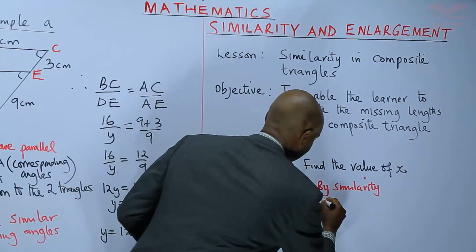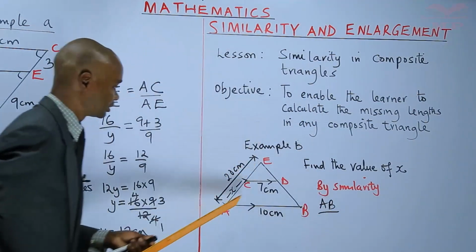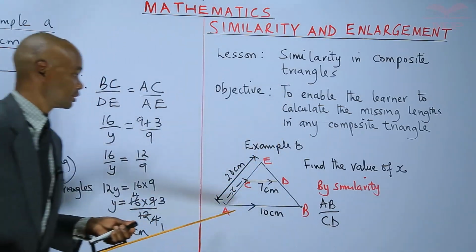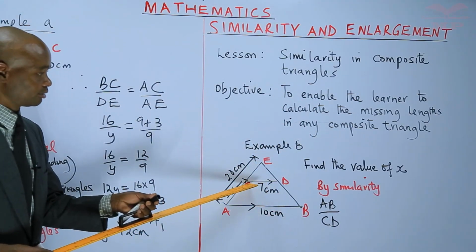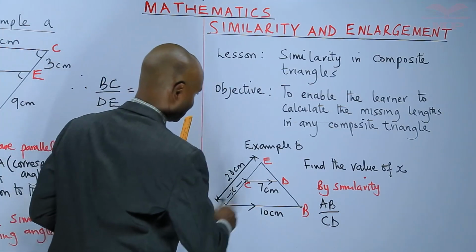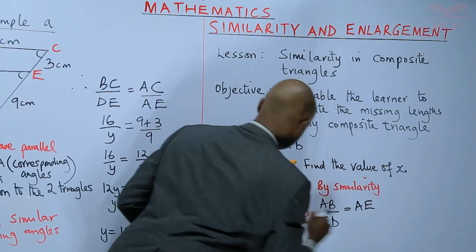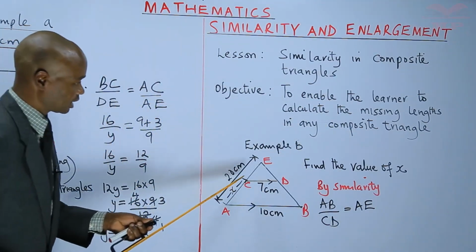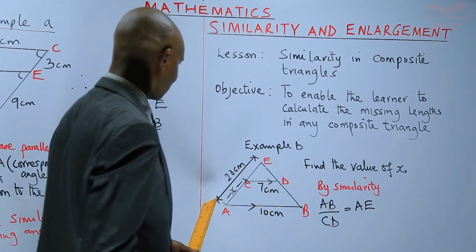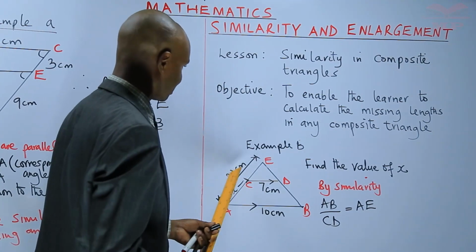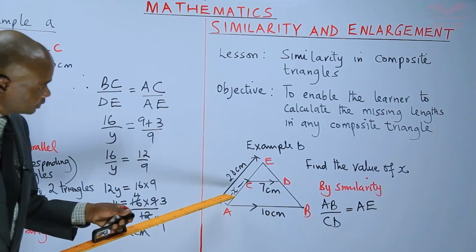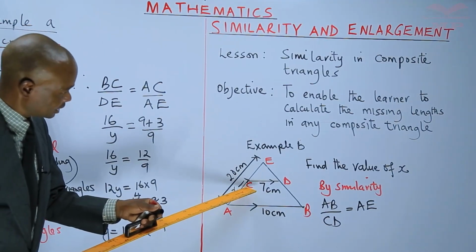AB divided by ACD, the smaller triangle, this base side of the larger triangle divided by the base side of the smaller triangle should be equal to AE, which is a side of the bigger triangle, divided by AC... should be AE divided by CE.